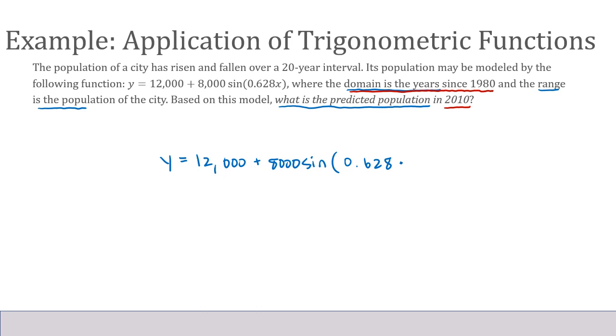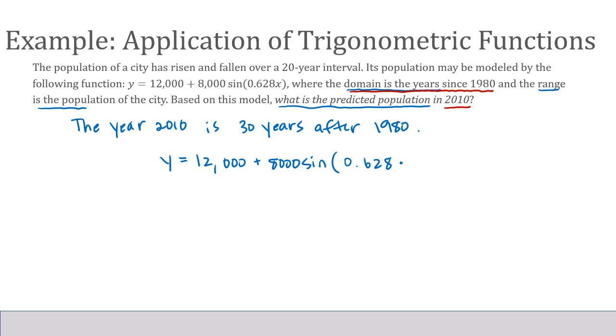If the domain is the years since 1980, how many years have passed between 1980 and 2010? Let me just write this out. The year 2010 is 30 years after 1980.